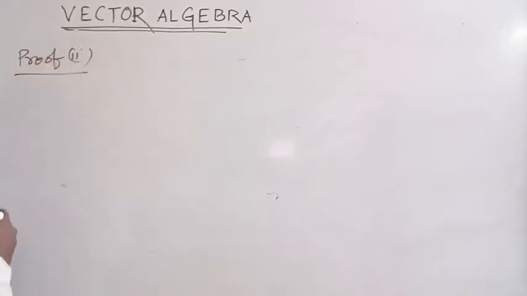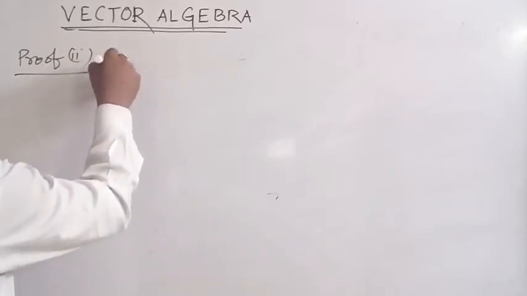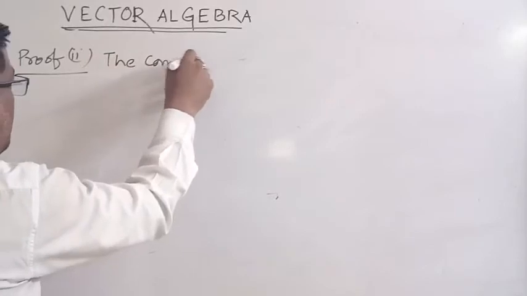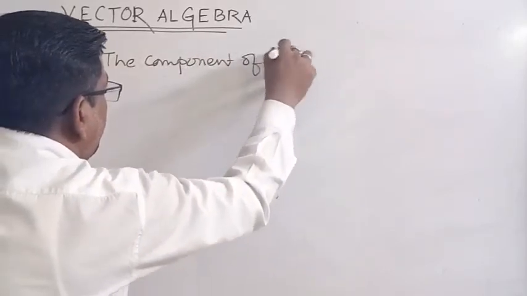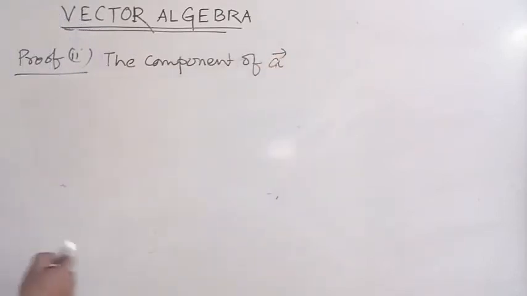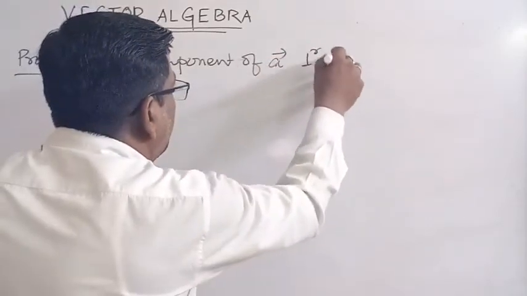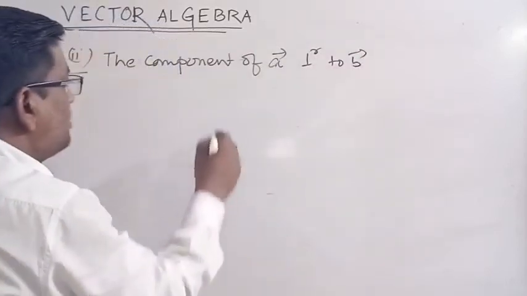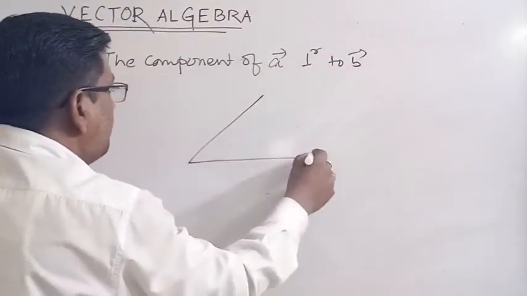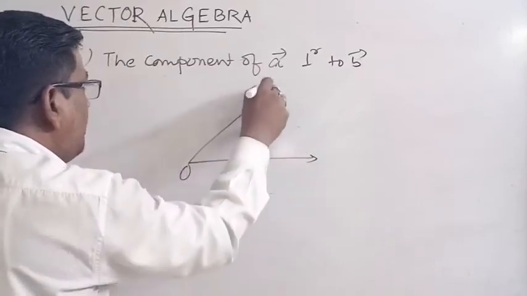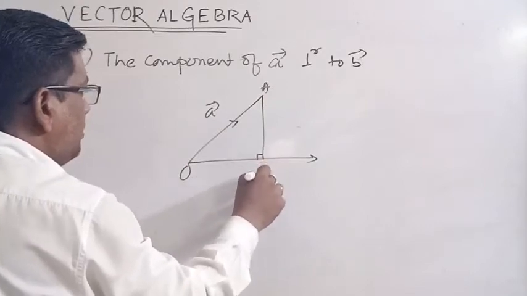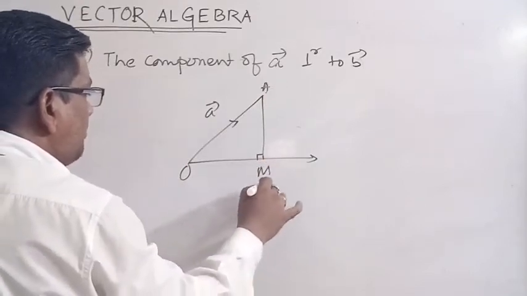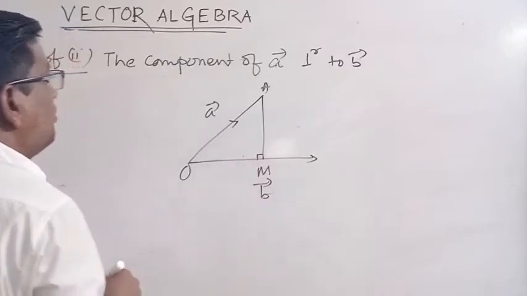The component of vector A perpendicular to the vector B. Suppose this is O and this is vector A, and this is the perpendicular, suppose M, and this is vector B.